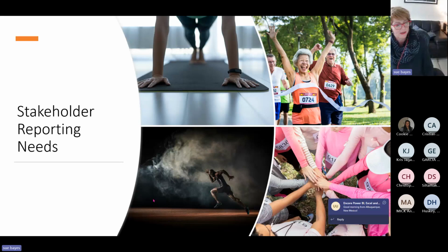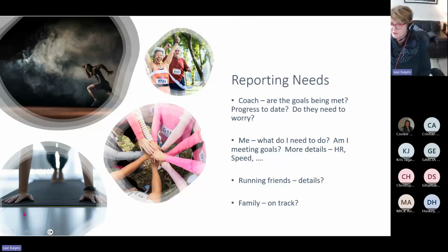And we have stakeholders. So within my running journey, I have various stakeholders, and I've got some nice pictures there. I might have my coach. I belong to a running club, and I have a coach who is helping me to maintain my goals. And he or she might be interested in: am I meeting the goals that they've set me? What's my progress to date? Do they need to worry? Am I achieving them? I will have more specific requirements.